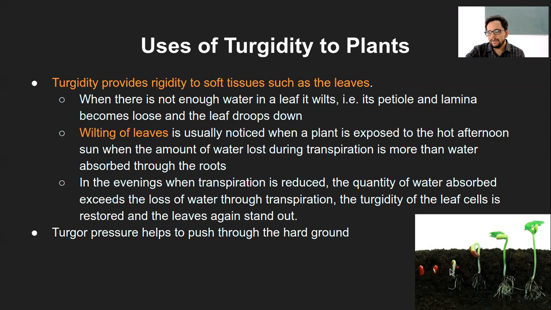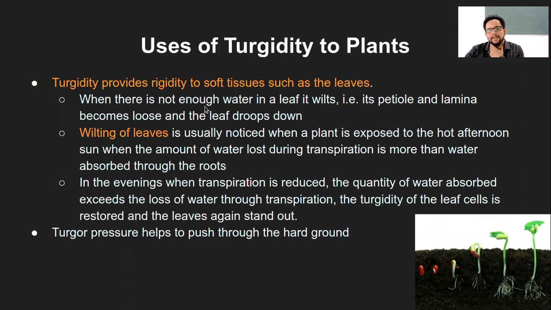If you have ever touched any of these sprouts, they are very soft. Imagine how they push through the soil layer, which is very hard. The mechanism by which they are able to push through the soil and come out of the ground is this turgidity phenomenon. Because the turgidity will give them rigidity, though it is a soft tissue, and then they can move out.